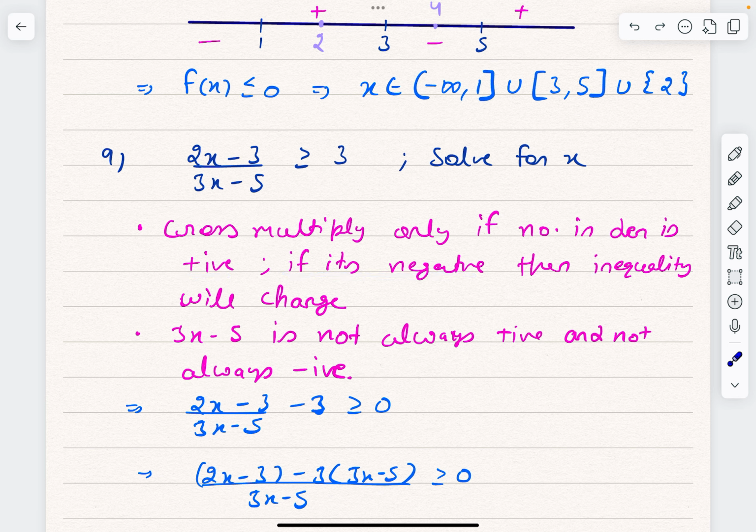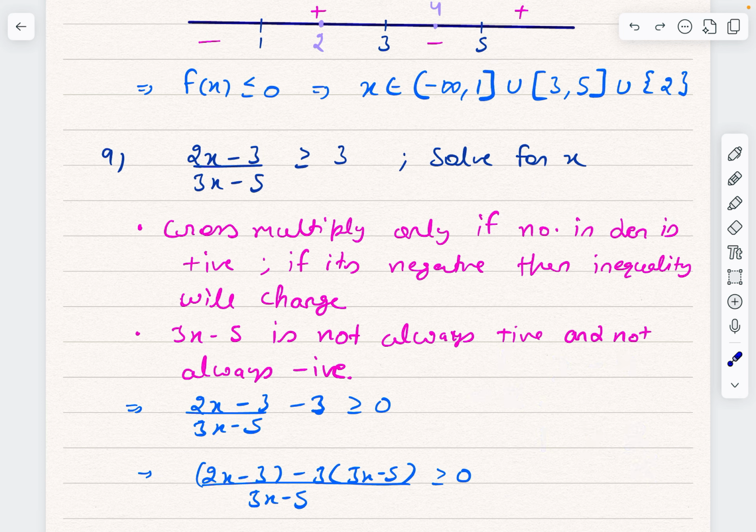See, if I say 1 over 3 is more than minus 1, it is true. If you cross multiply, it will still be true. But if I say 1 over minus 2 is greater than minus 4, this is true right now. But if I cross multiply, it will become 1 greater than 8, which will not be true.